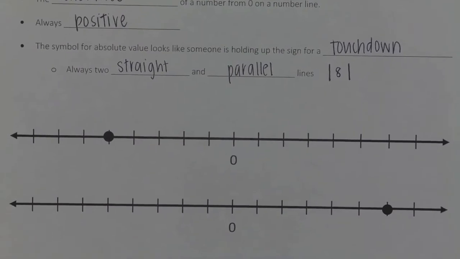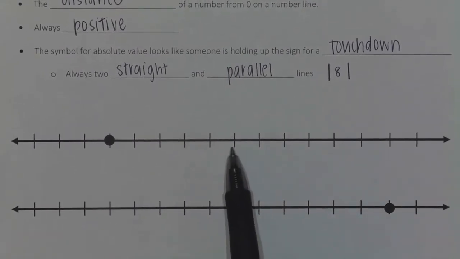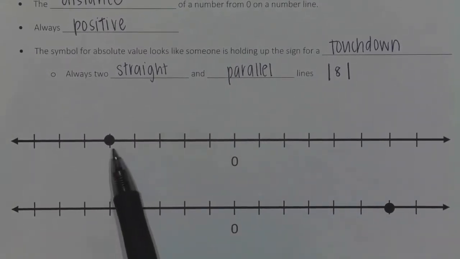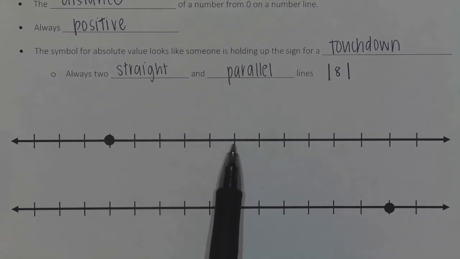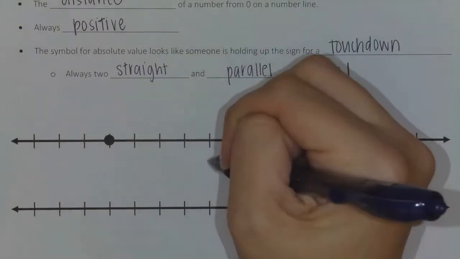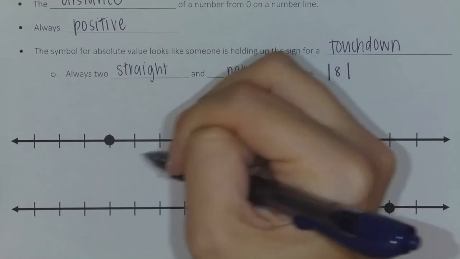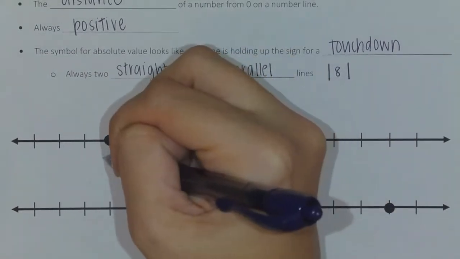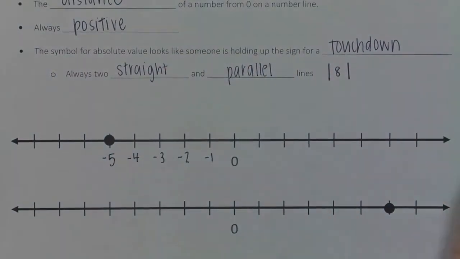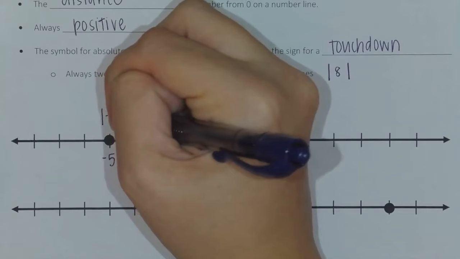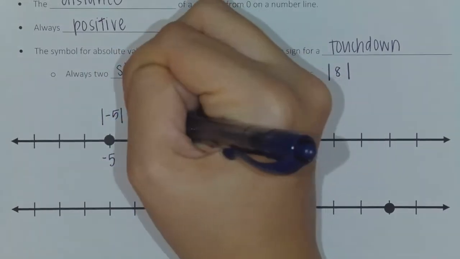Okay, so let's talk about when we look at a number line. So here is 0. I need to figure out where this dot is. If I start at 0 and I count backwards, this would be -1, -2, -3, -4, -5. So I want to know what the absolute value of -5 is.